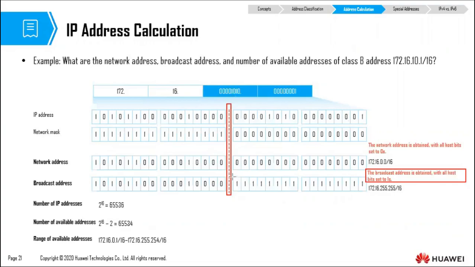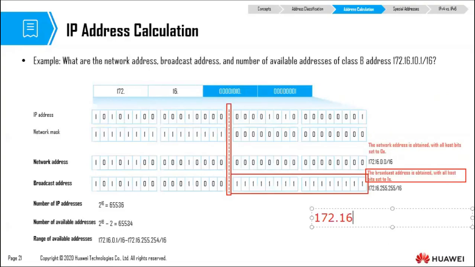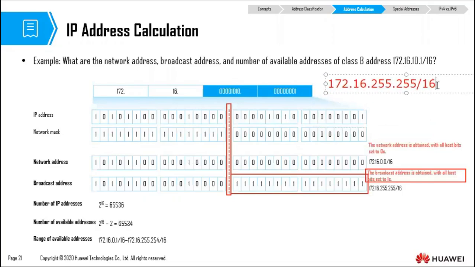So you simply convert all host bits to 1. When you convert all host bits to 1, then you get the broadcast address. So if you convert this broadcast address, now it becomes 172.16.255.255, slash what? 16, right? So that's how you get the broadcast address.